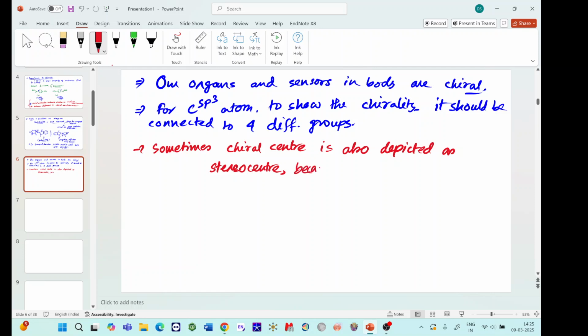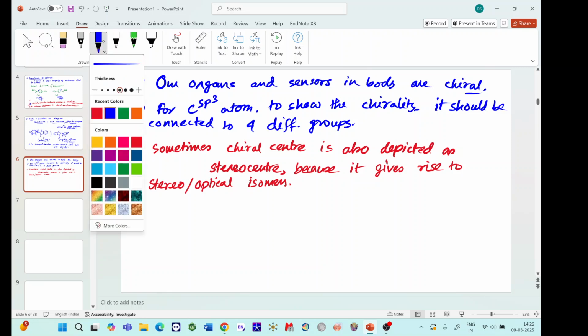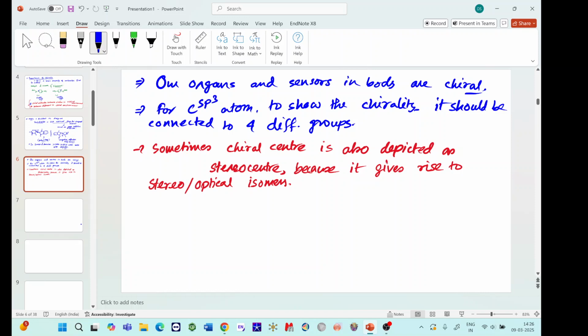Because it gives rise to stereo or optical isomers. So we will dive further into this. Now, how to name it, nomenclature. How to do it.